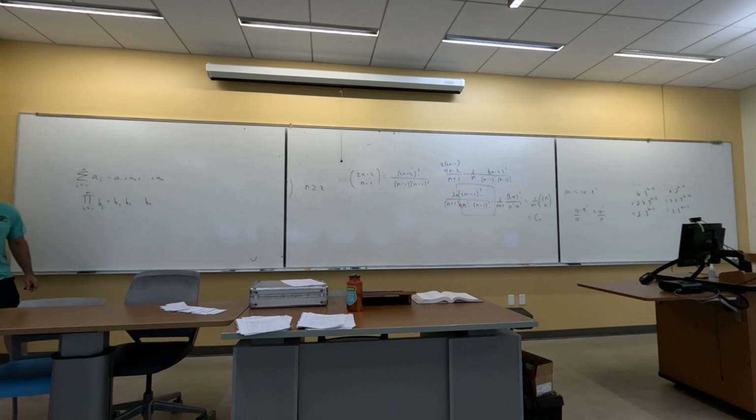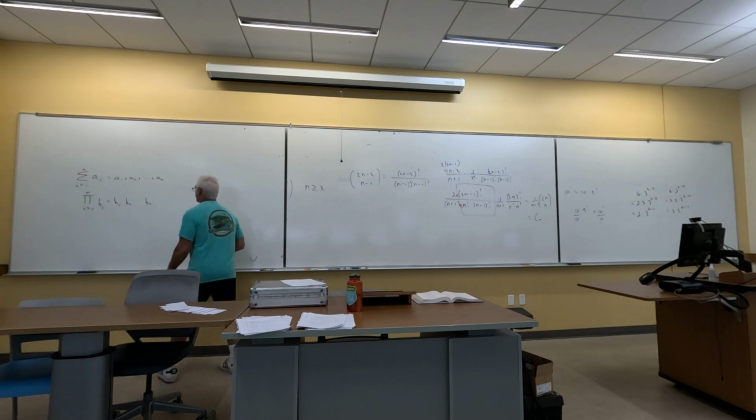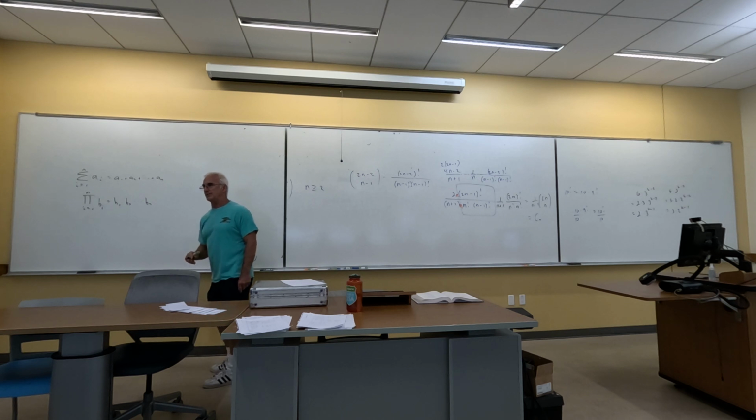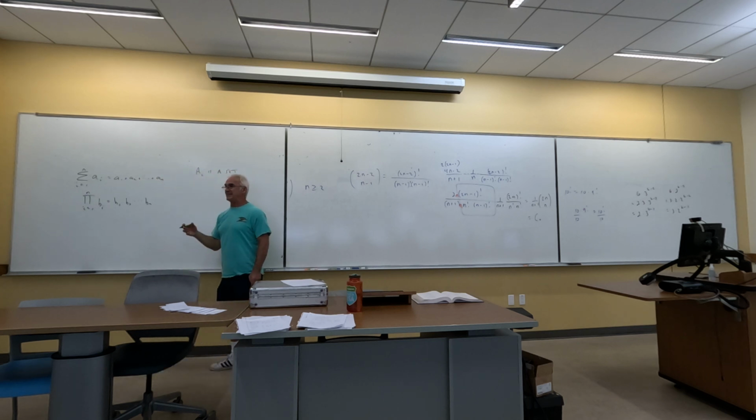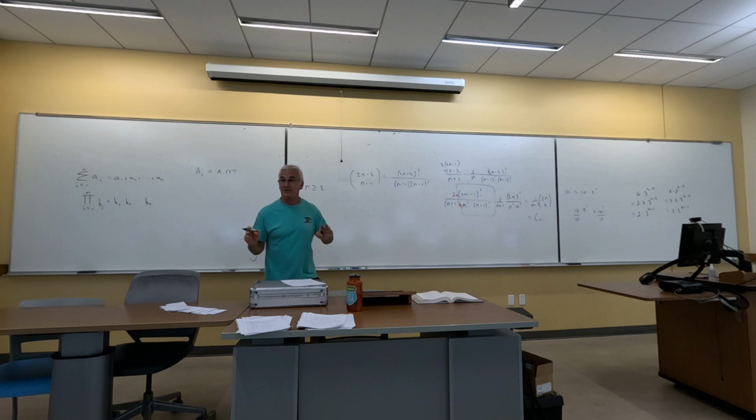Okay. But now if I think of sets, I want you to think of different sets. I'm going to say that Ai is a set. I don't care what's in Ai. I'm just going to define Ai as being a set. Okay?